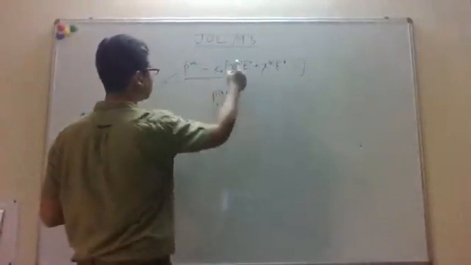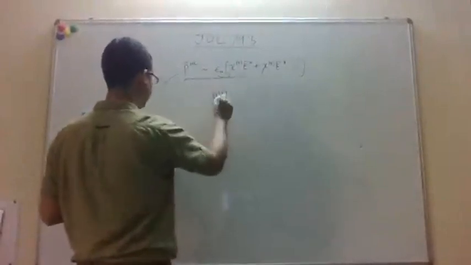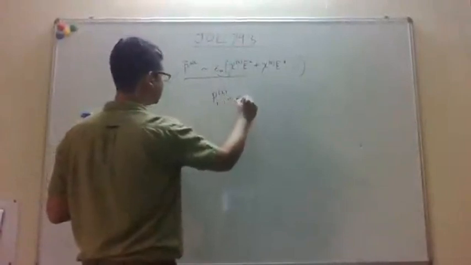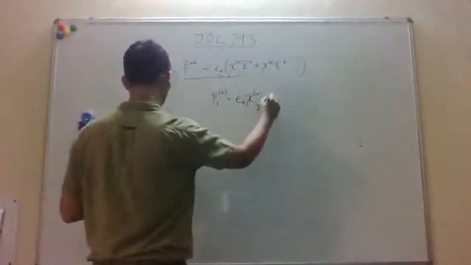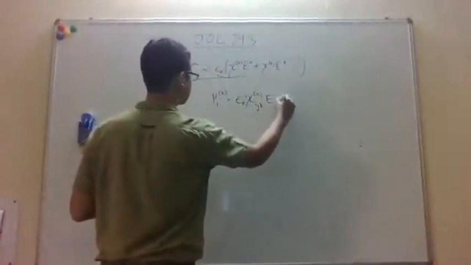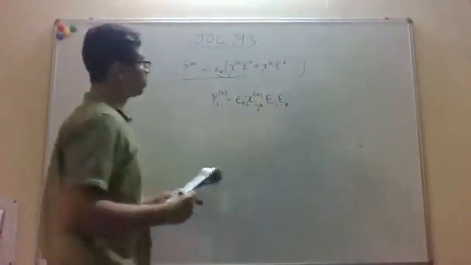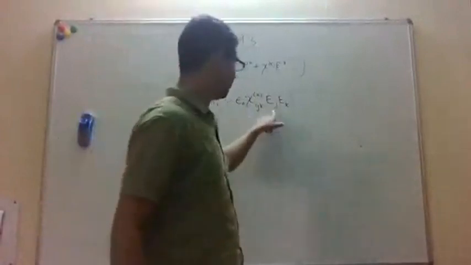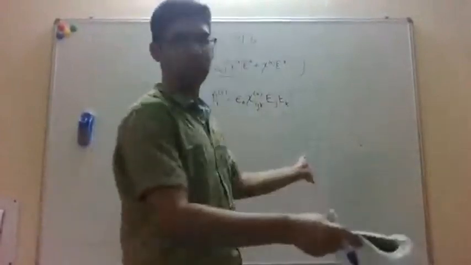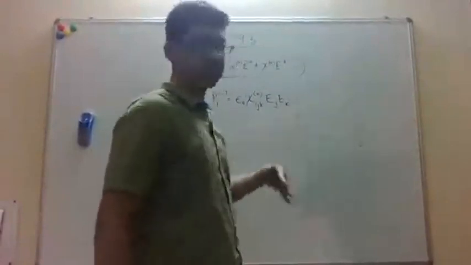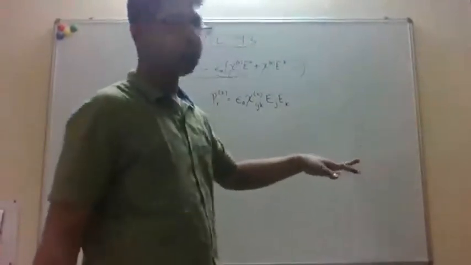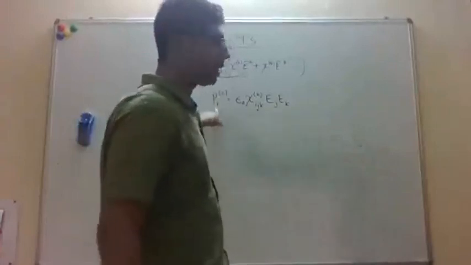We are looking at the second order term, the second order polarization. You can write it like this. You can think of this as applying two fields, one in the j direction, one in the k direction, and they induce a polarization in the i direction.